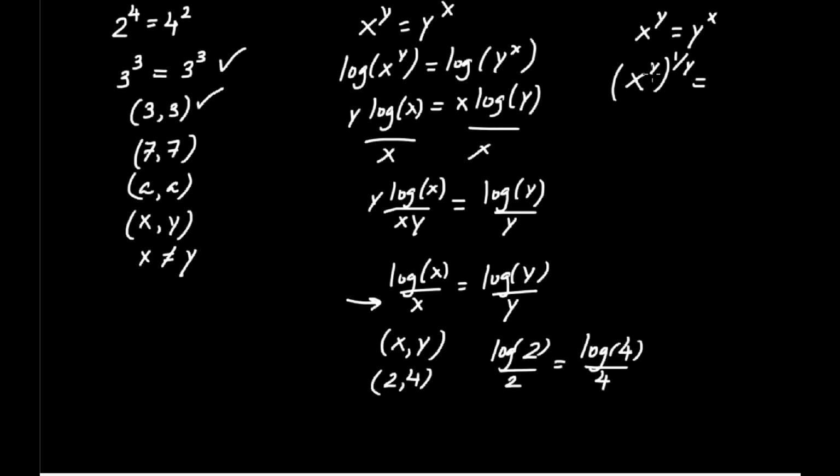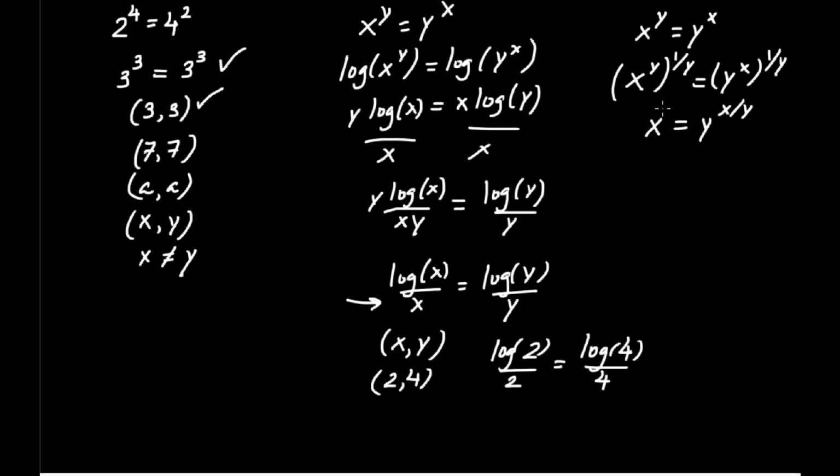So I have x to the y to the 1 over y power, and to do the same thing to the right-hand side, I have y to the x to the 1 over y power. So I have x to the y over y power, or just x. That's equal to y to the x over y power.